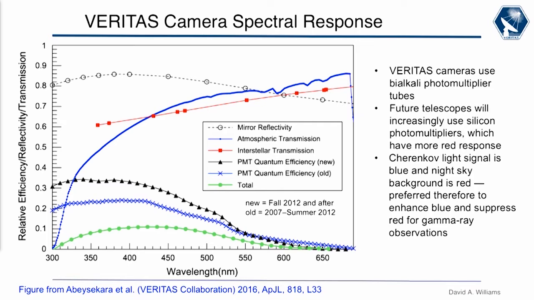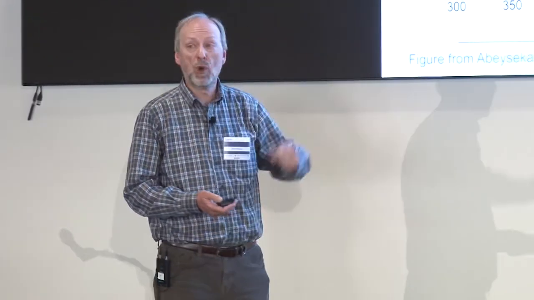And at the red end, it's primarily determined by the quantum efficiency of the photomultiplier tubes, which falls off above 550 nanometers or so. Increasingly, new generation Cherenkov telescopes are moving from conventional bialkali photocathodes to silicon photomultipliers, and these typically have more red response. So future telescopes potentially will have better response in the red.